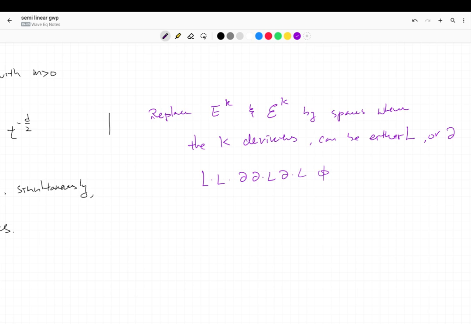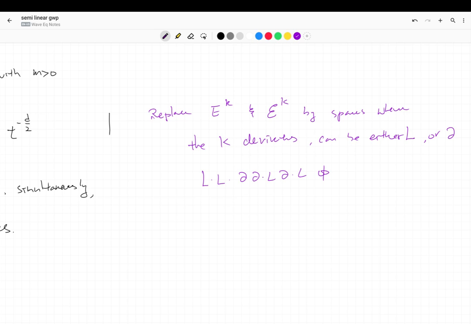Something like this. Okay, by incorporating both partials and L's, we're going to be able to say that the partial differentials are also bounded sufficiently by the energy, because now we allow there to be partial derivatives on phi itself. This is going to be a technical modification to the argument before, and most of the things are going to be the same.